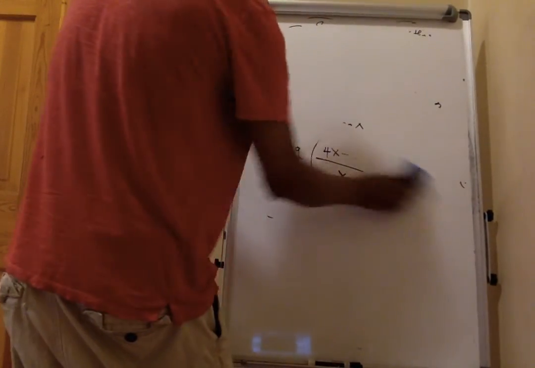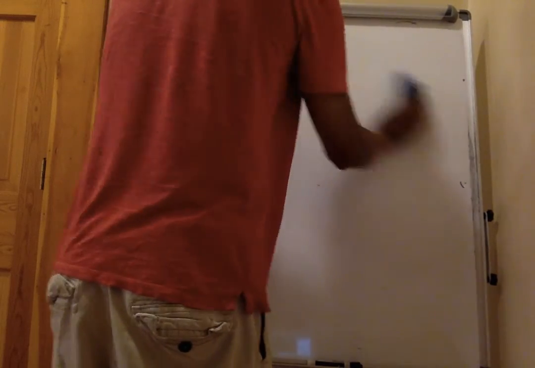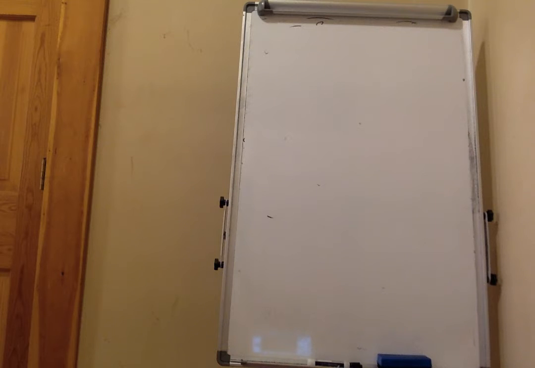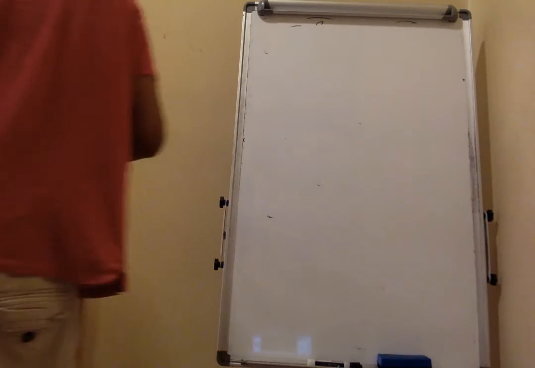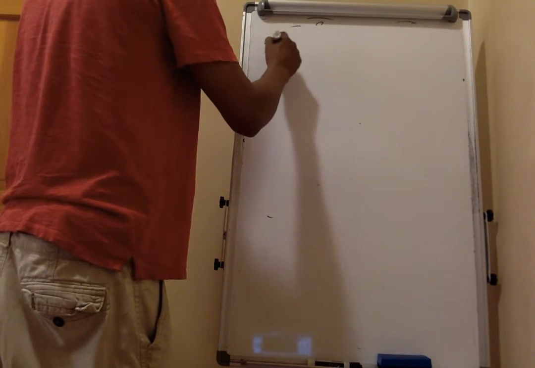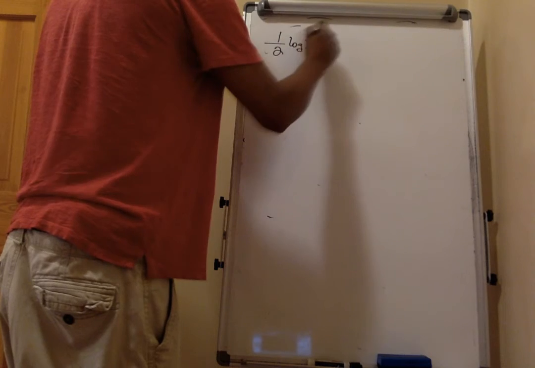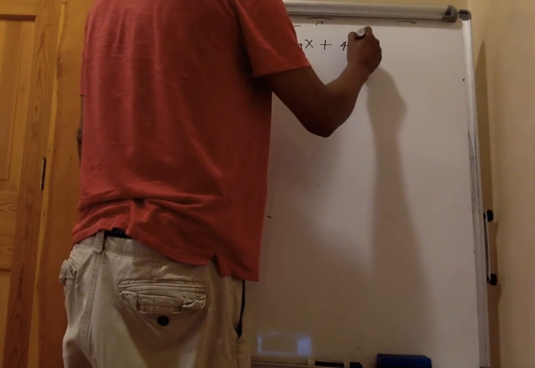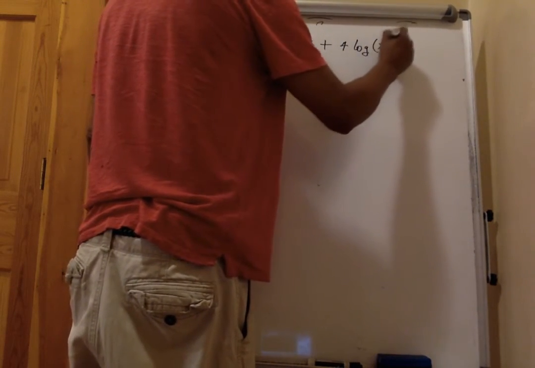And we're going to do more of this. So again, condensing the notation. So let's say half log x plus 4 log of x minus 1.